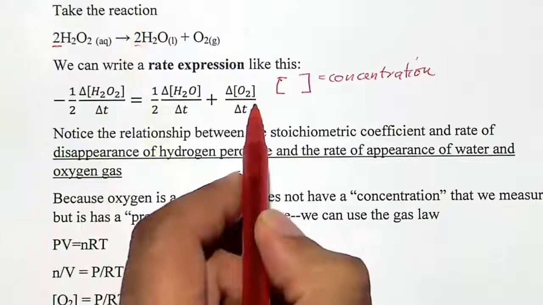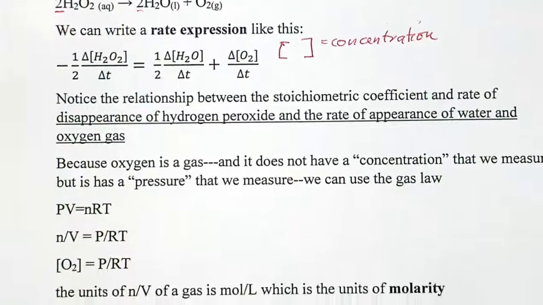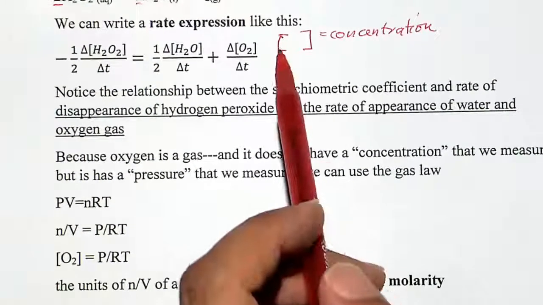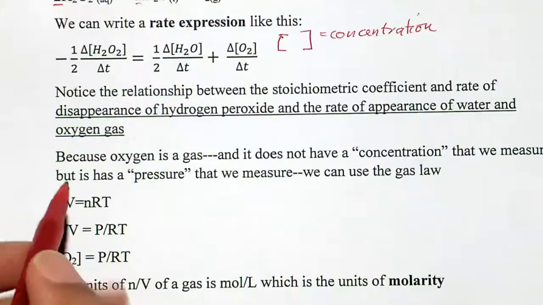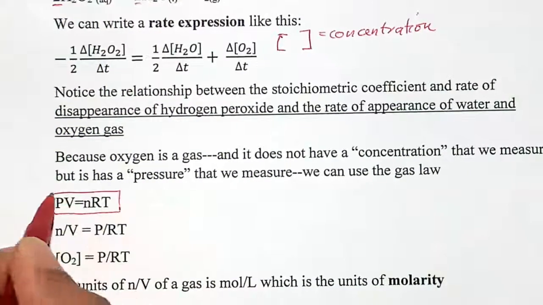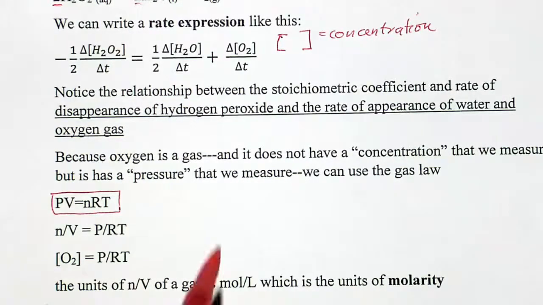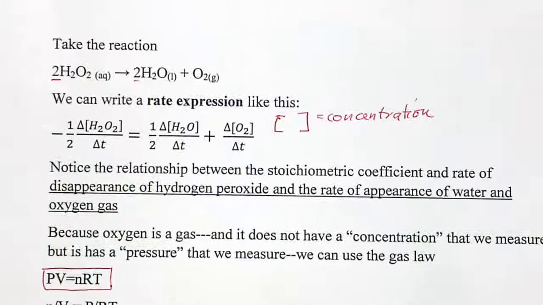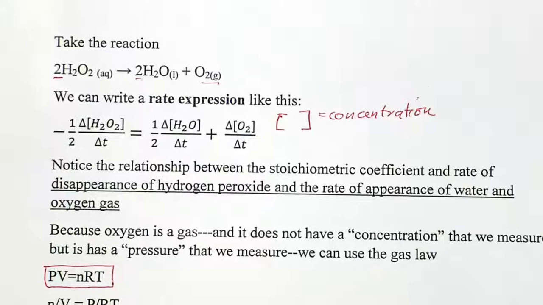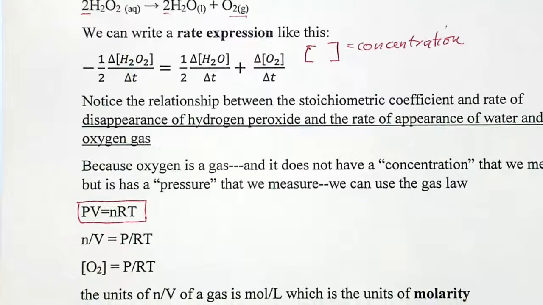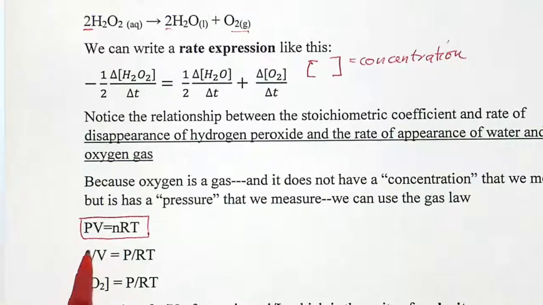Now, oxygen is a gas, so a lot of times people can convert that oxygen gas into pressure, or you can convert that pressure into concentration using PV equals nRT. And so anytime you see a gas in your balanced chemical equation and you want to figure out the rate, you can go from the concentration of oxygen, or you can go for the pressure of oxygen.